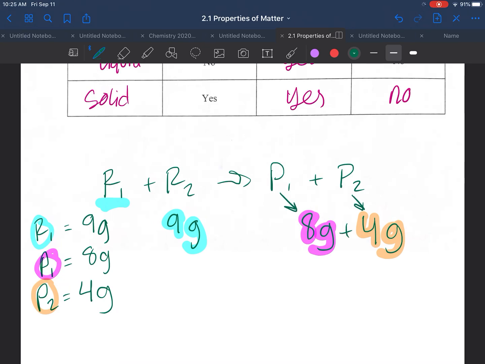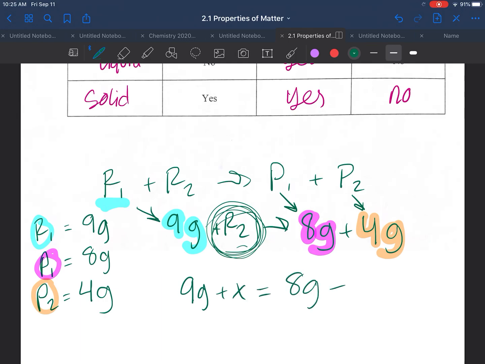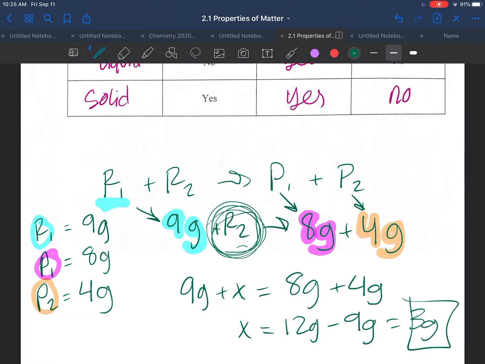So I'm just substituting each of these numbers in here. So we have our plus R2 and then our reaction symbol. So the one that we're trying to get after is R2. So if we have 9 grams plus our X is equal to 8 grams plus 4 grams, then if we solve for X, we have X is equal to 12 grams minus 9 grams, which is equal to 3 grams.